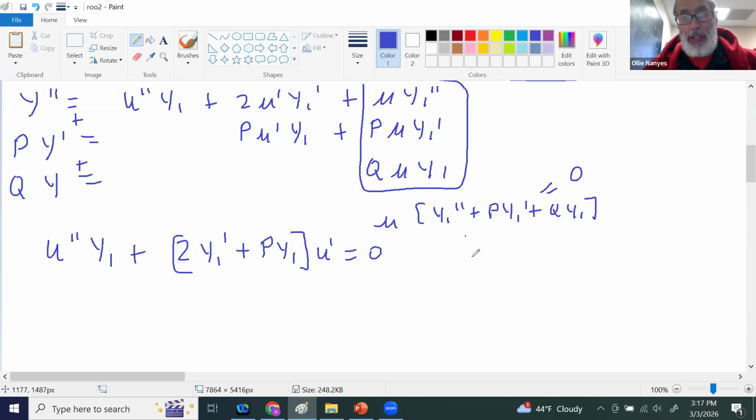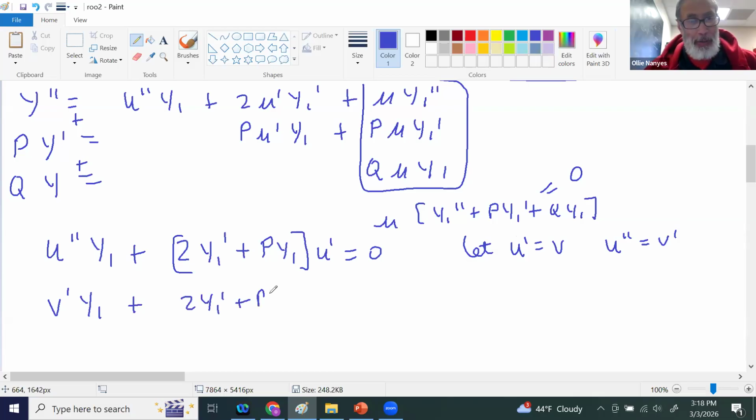And what we do now is we let u prime equal this function v, and then u double prime is v prime. So we now get v prime y1 plus (2 y1 prime plus p y1) v equals 0.